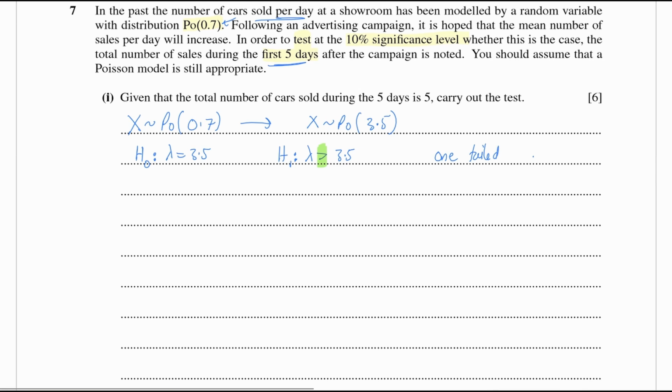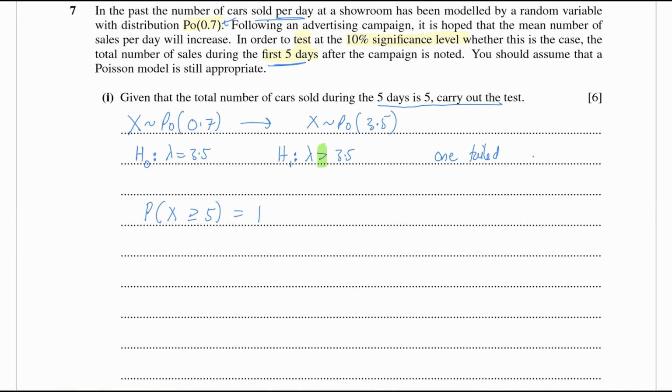Okay, so that's what we're going to do, and we've noted after 5 days we've carried out the test. We've got 5. So 5 cars were sold. So let's say, what's the probability that X is greater than or equal to 5? And we'll see what percentage of this distribution would give you 5 or more sold in the 5 days.